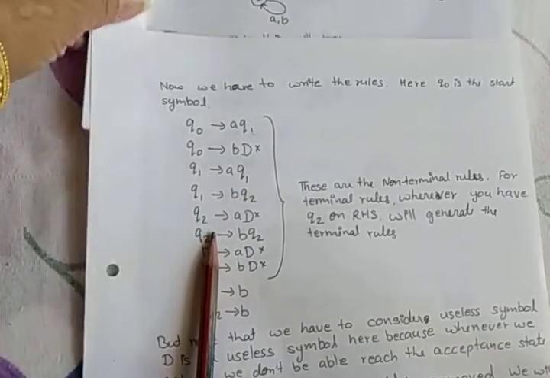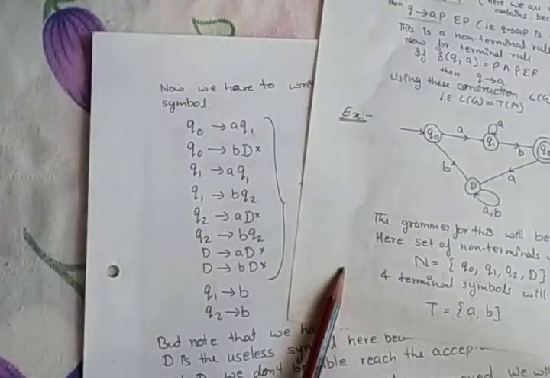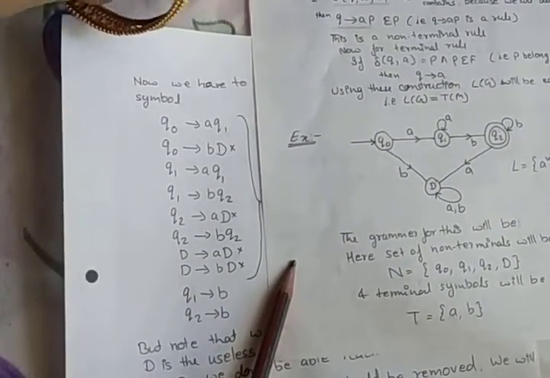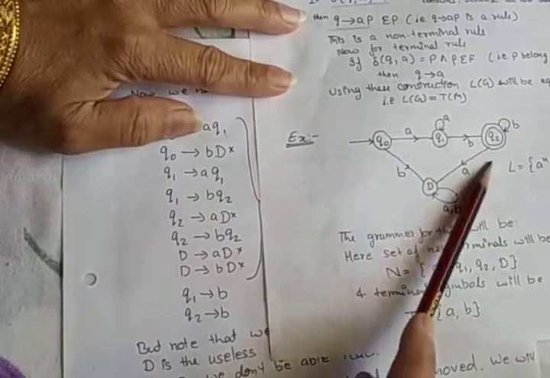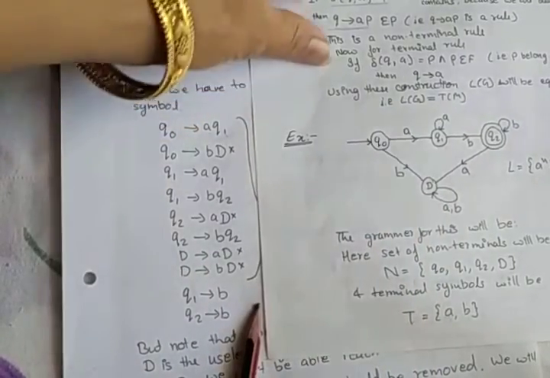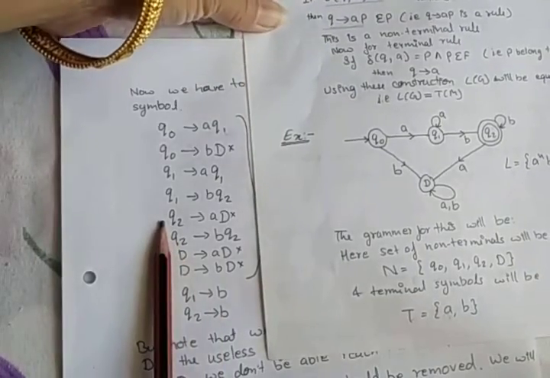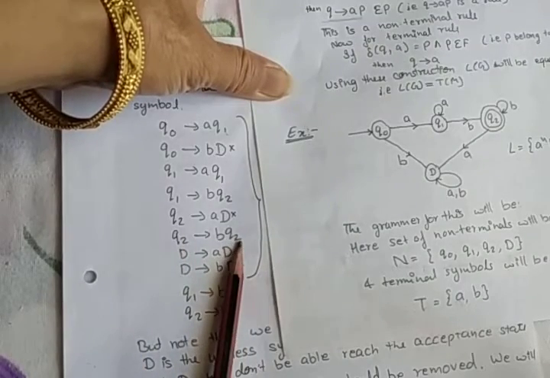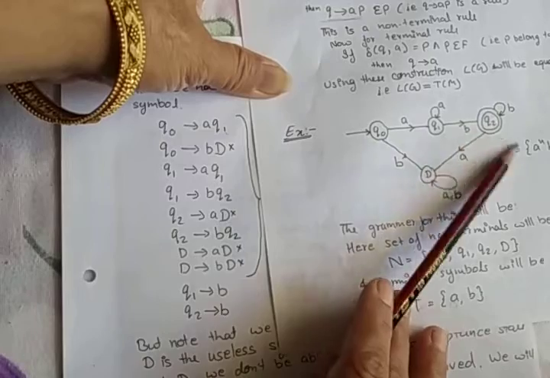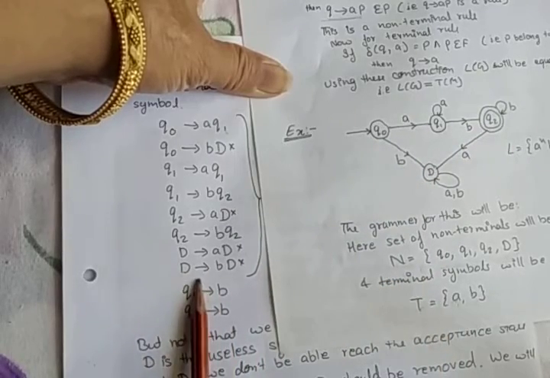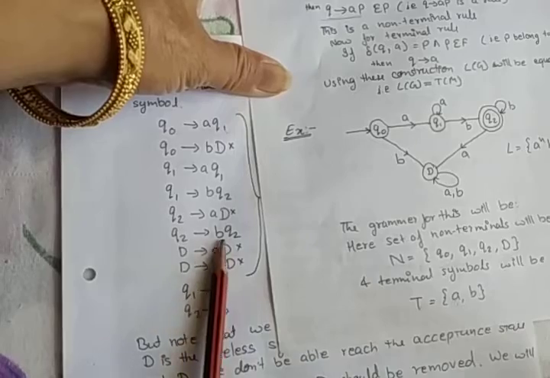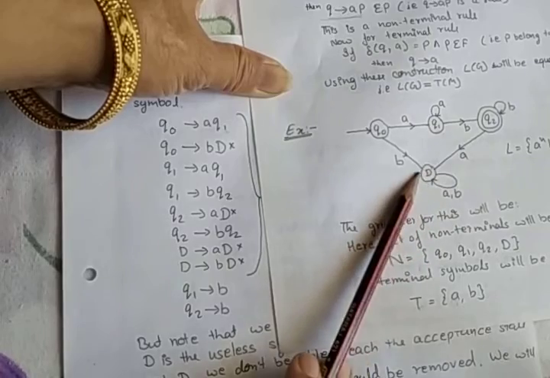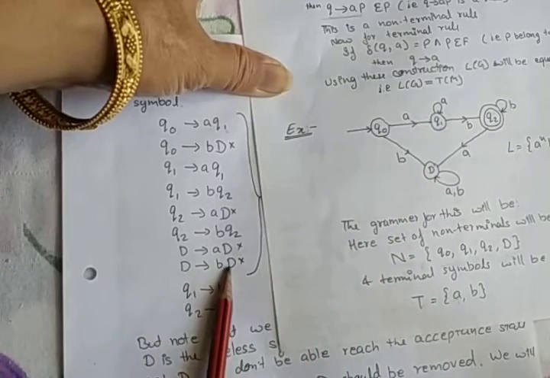For Q2, we read symbol A and go to D. Right? So this is the rule. At Q2, we read B and remain at the same state. At D, we read A, remain on D, and at D, we read B and remain on D.